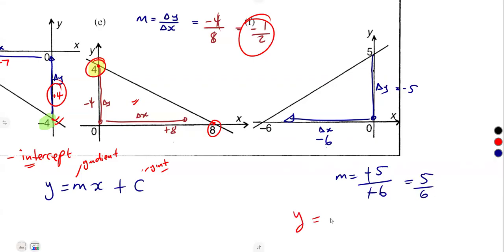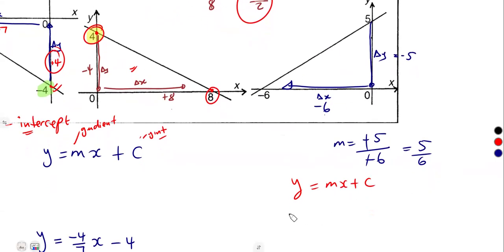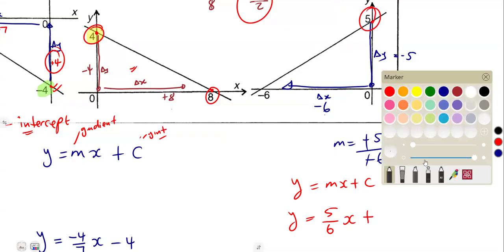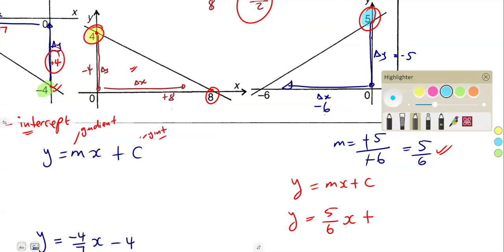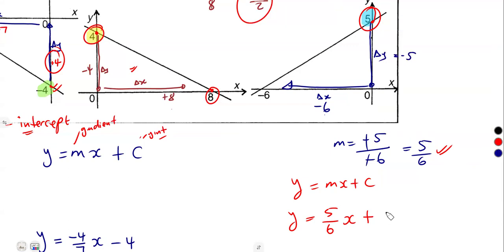Therefore, our equation y is equal to mx plus c is written as y is equal to 5 over 6x plus c, our y-intercept. The graph crosses the y-axis at positive 5. So that is your y-intercept, plus 5. Just like that, we have got the equation.